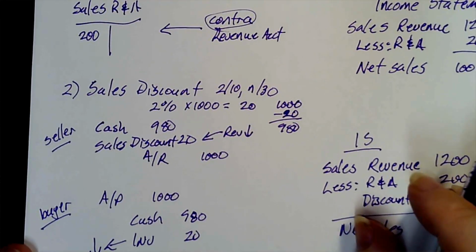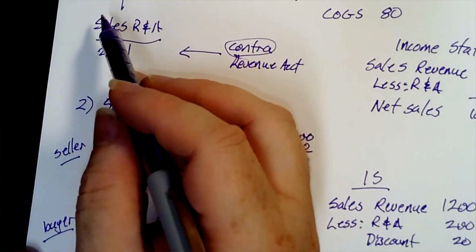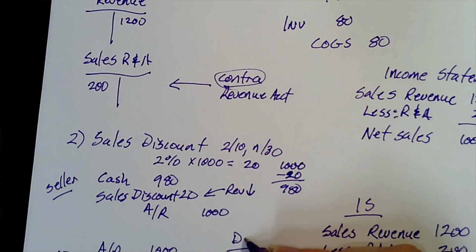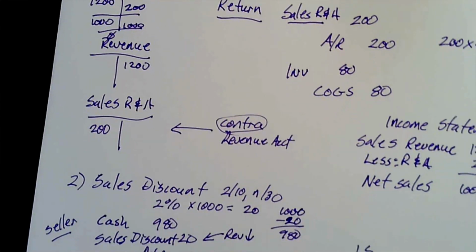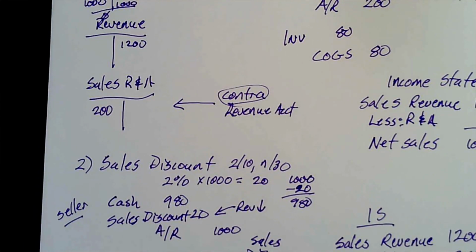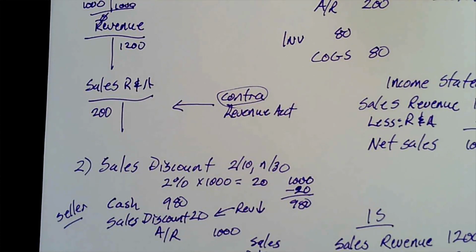And that would be correct, because we'd have this revenue account, we'd have this sales returns and allowances, and we'd have a sales discount T account, which would show 20. And the cash that we get would be $980. Okay, so that's the sales side of the returns, allowances and discounts.